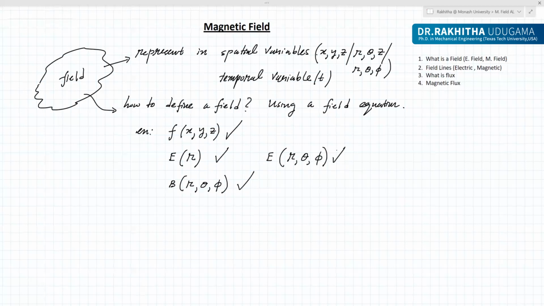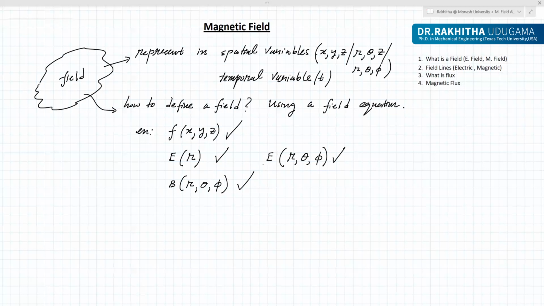Now, for simplicity, we would take E as a function of r and B as a function of r. Later on, I will define what E and B are. You might already know the electric field. This is the electric field intensity and B is the magnetic field intensity. Later I'm going to do a full video on electric fields, so you don't have to worry about it.